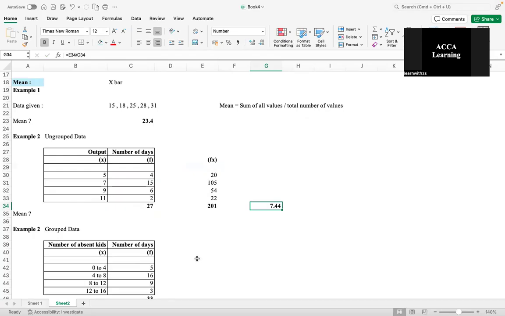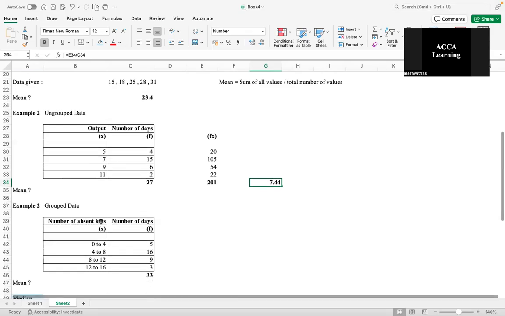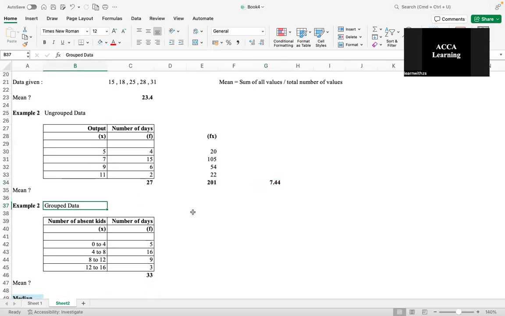Correct? Now, this type of data is called ungrouped data, where the numbers that fall under your X column are ungrouped. But if you talk about something called grouped data, where your X would denote numbers as 0 to 4, 4 to 8, 8 to 12, in that case, how would you find out your Fx?